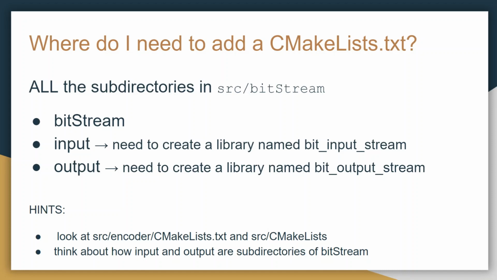As some hints, you should look at the source encoder CMake lists, and that'll give you some ideas for the input and output files. And then also source CMake lists, that file is the one where BitInputStream and BitOutputStream, these library names are defined. And you should think about how input and output are subdirectories of Bitstream and what that means for what you need to be putting in these CMake list files.